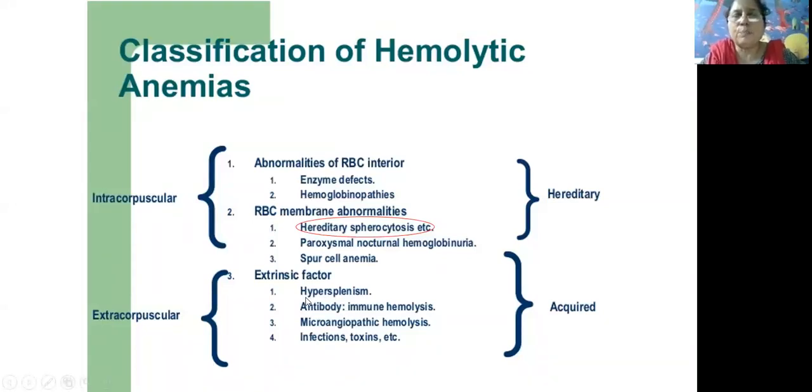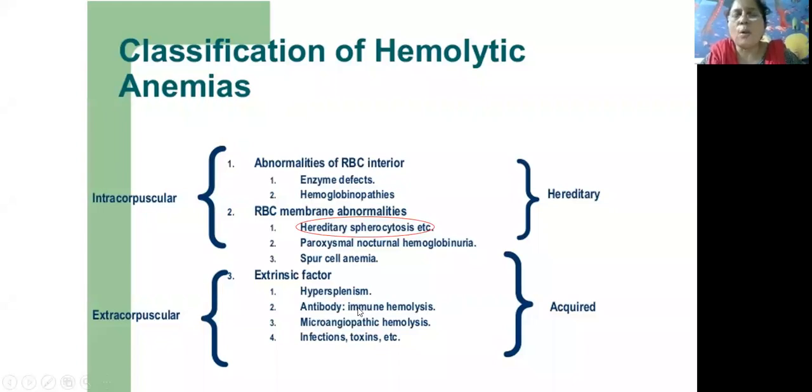One is the spleen is not good. The spleen eats away most of the RBCs, hypersplenism. Second, there are many antigens on the RBCs, so antibodies are produced against them. That is immune hemolysis. Third is microangiopathic hemolysis.